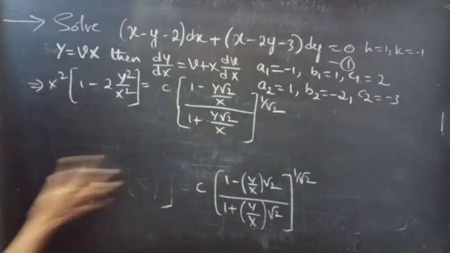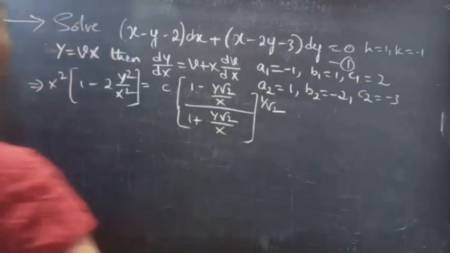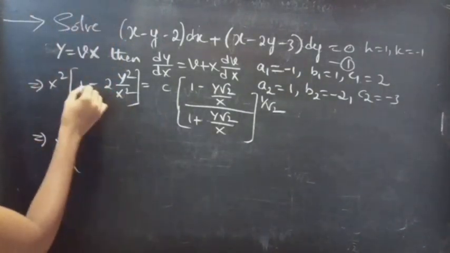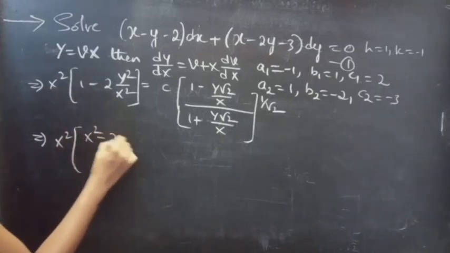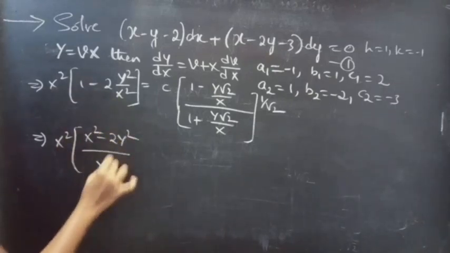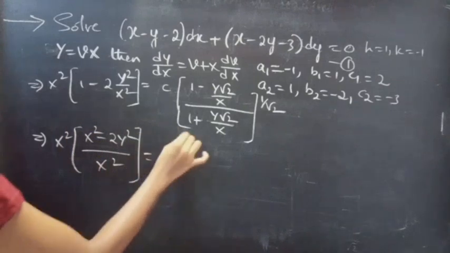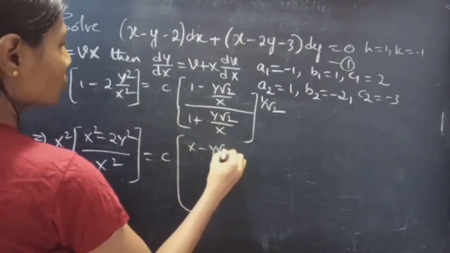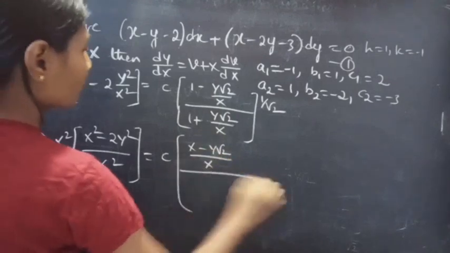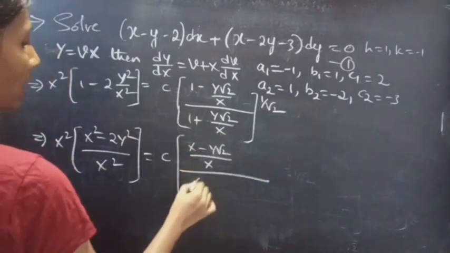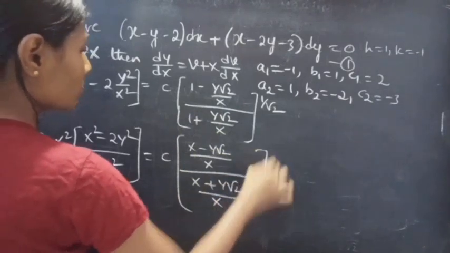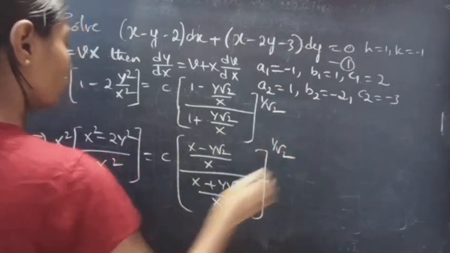Now take the LCM. Then x square into 1 is x square minus 2y square by x square equals c times (x minus y root 2 by x)/(x plus y root 2 by x) power 1 by root 2.